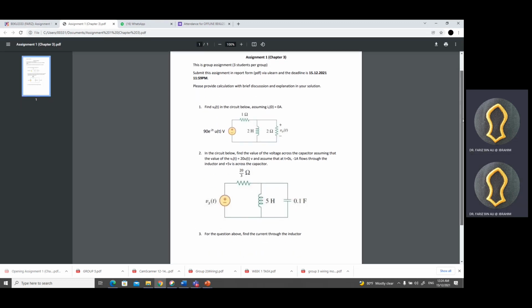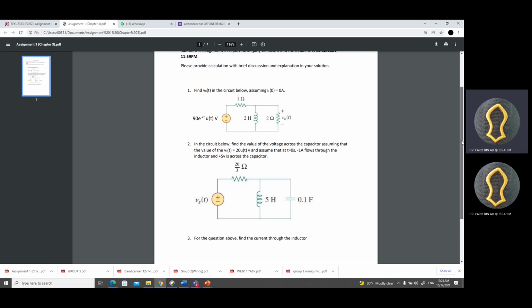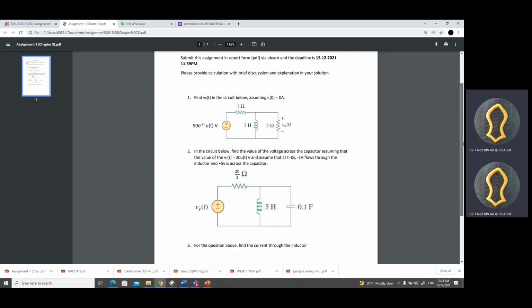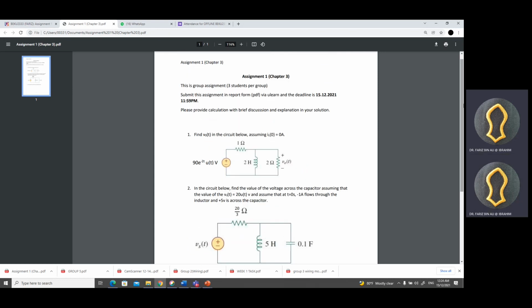So please answer questions 1, 2, and 3. It looks familiar. Try to solve this. And you have to submit today, 15 December, before midnight. It is a group assignment, 3 students per group. Not only calculation, do some brief discussion and also explanation.